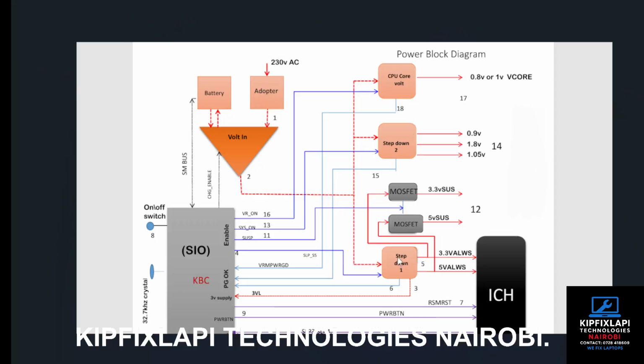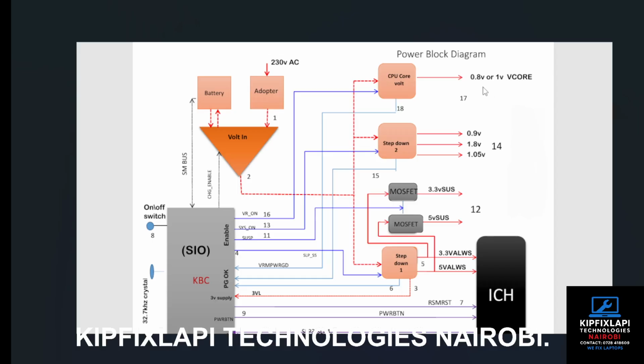That's why you have a circuit here which is responsible for stepping down a voltage to a line of 5.0 and a line of 3.3. Here we'll have a PD controller which is responsible for stepping down the 19 voltage to either 1.8 or 1.35 or 1.5 or 1.1, depending on the type of RAM you have.